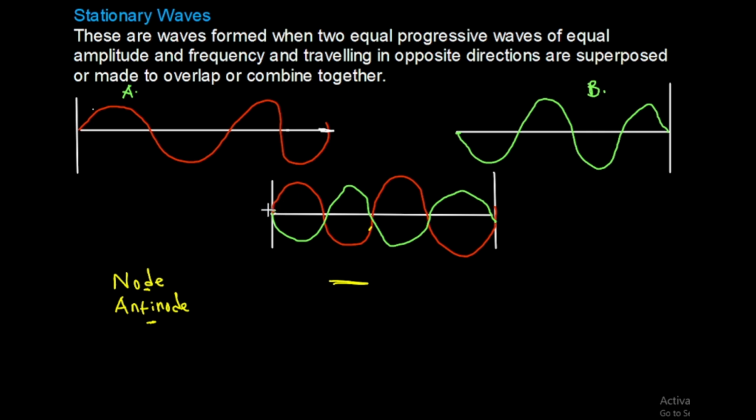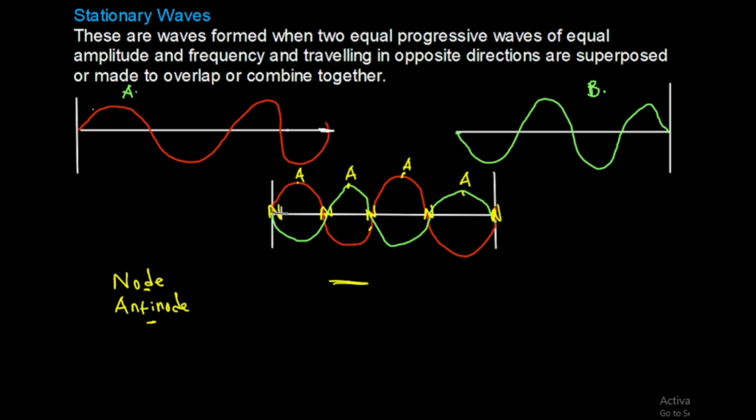So this is our node. This point here is a node on the stationary wave, and then this point here is antinode. Here we have node, here we have antinode, here we have node also, here we have antinode. We also have node here, we also have antinode, and then we have node here as well.